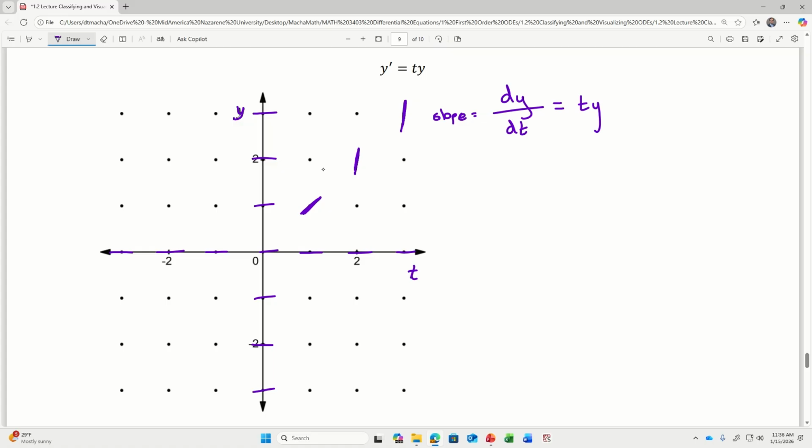When t is positive and y is negative, I'm going to get negative slopes. And when t is negative and y is positive, I'm also going to get negative slopes. When t is negative and y is negative, I'm going to get positive slopes again.